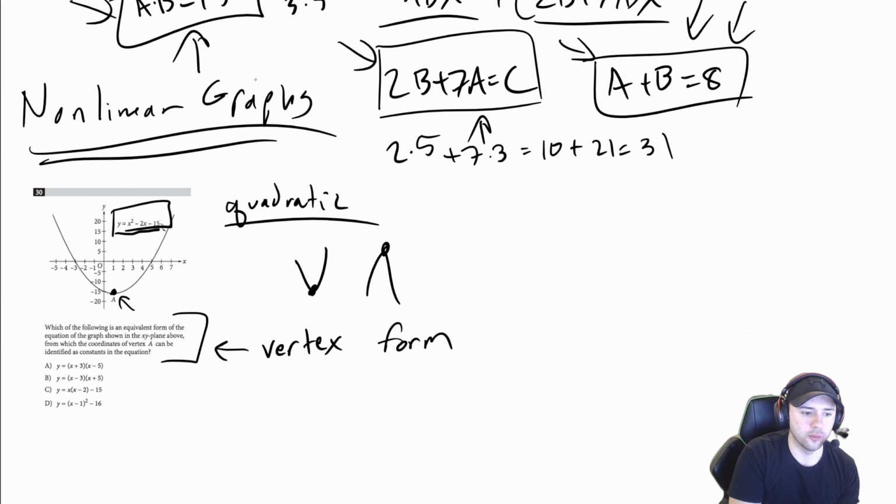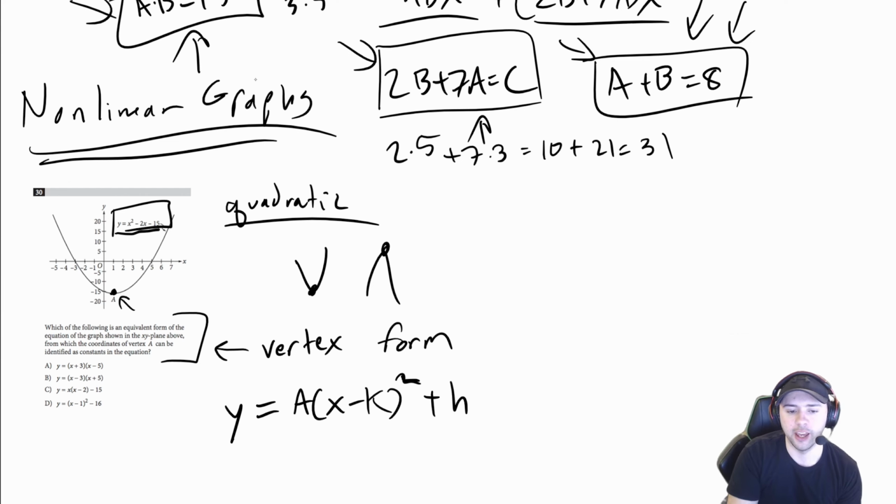So vertex form is going to look like, you can use any letter you want, but usually y is equal to a times x minus h squared plus k. That's known as vertex form.